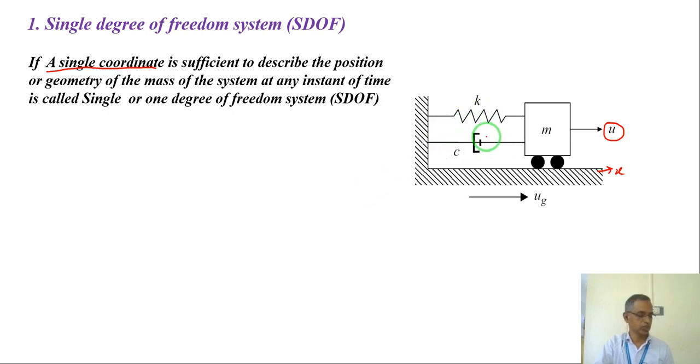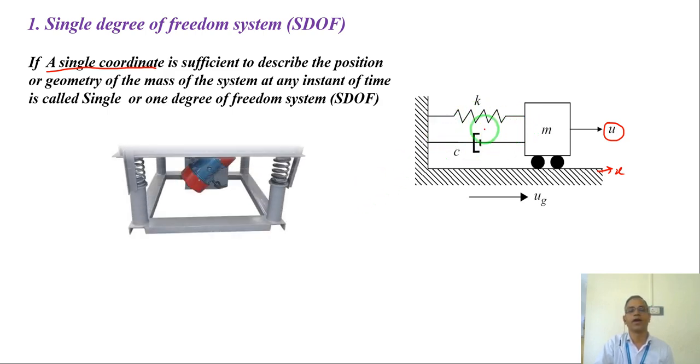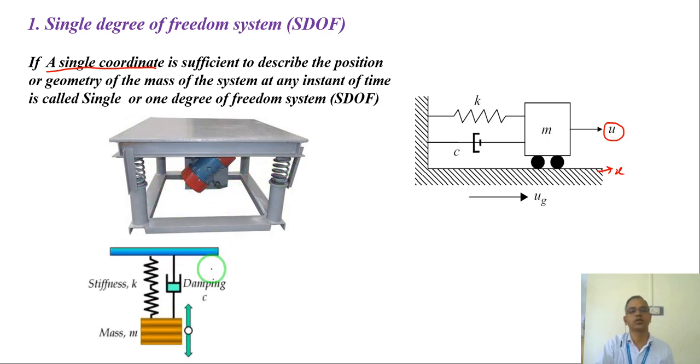Okay, so this is a single degree of freedom system, and this is an example of a table vibrator mounted on 4 springs, with vertical motion. Another way of representing this single degree of freedom system as a mathematical model is a spring of stiffness K having a mass M and a damping C, vibrating vertically.